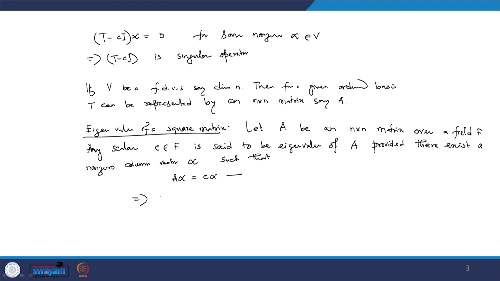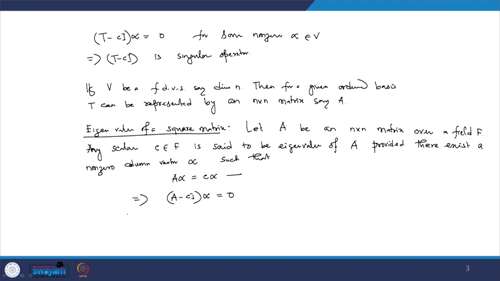So, this implies again A minus CI, where A is an n cross n matrix and I is the n cross n identity matrix. So, A minus CI is again an n cross n matrix. This, when operating on alpha, equals 0.